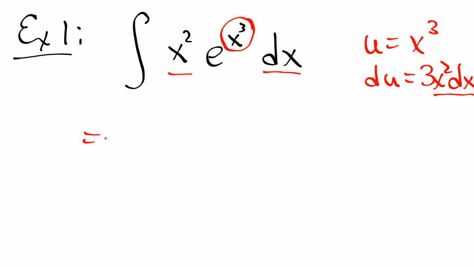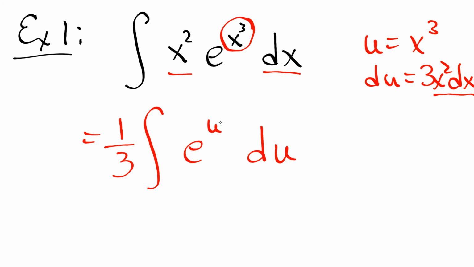This integral, so the x squared dx is 1/3 of du. E to the x cubed, that's e to the u. And so we ask ourselves, what is that?